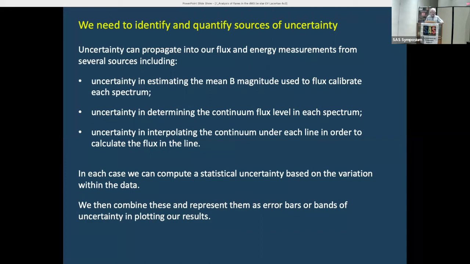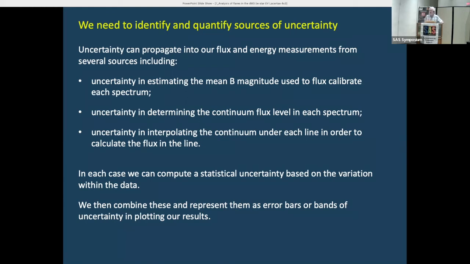So because we're quantifying this, we also have a responsibility to try and quantify the uncertainties. We've got to understand just how well we are able to measure these things. And if we think about it, the uncertainties can propagate in from several sources. One is the uncertainty we have in measuring and estimating the mean B magnitude used to flux calibrate each spectrum.